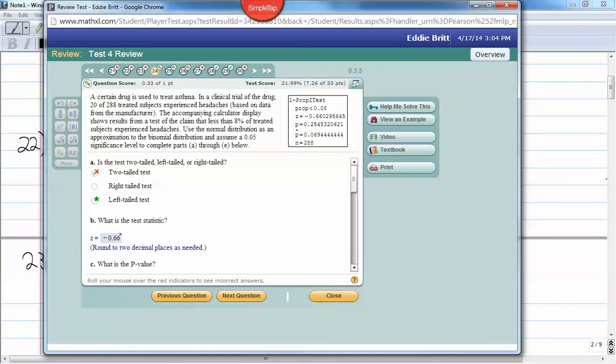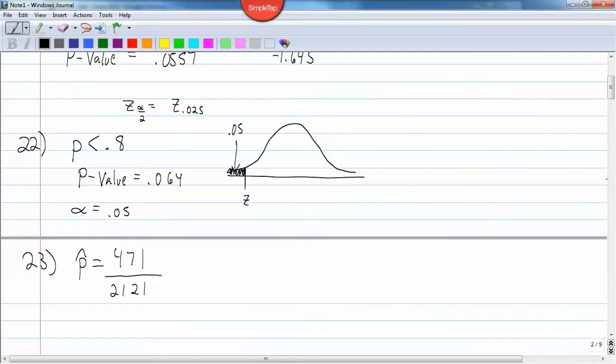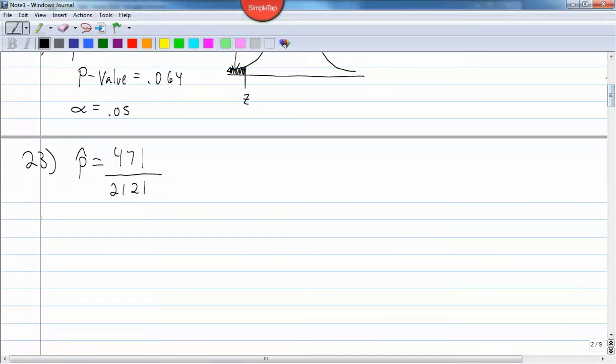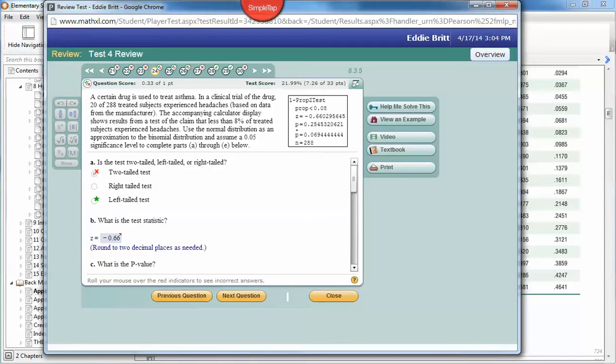Alright, so this little readout here tells us the original claim, and it'll be a proportion, so p is less than 0.08, that's the 8%. So that's the original claim. We have a test statistic here.